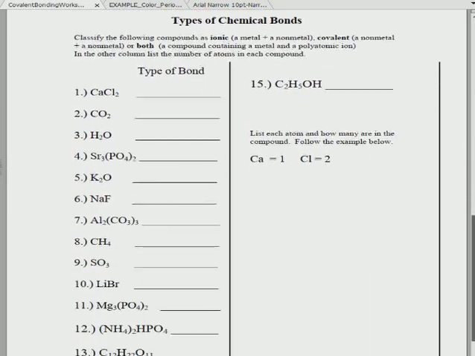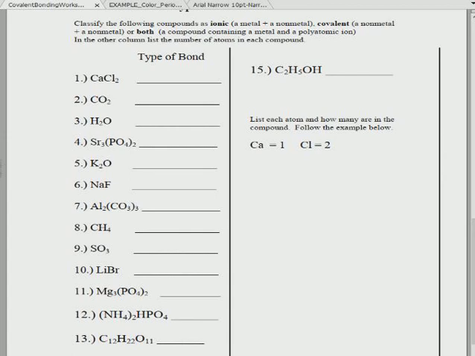And then here we have calcium. So you're going to look at ionic bonds, which is a metal and a nonmetal, and a covalent bond, which is a nonmetal and a nonmetal, or both. It can be a compound containing both a metal and a polyatomic ion.